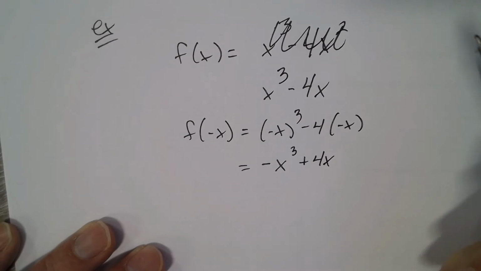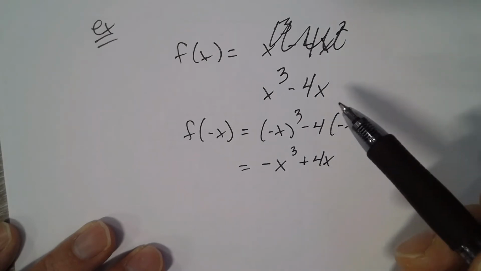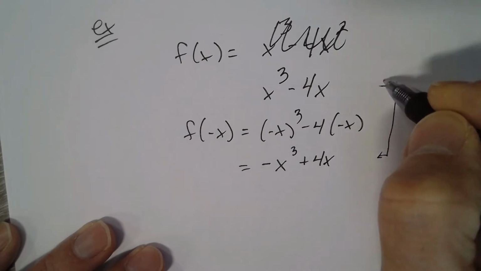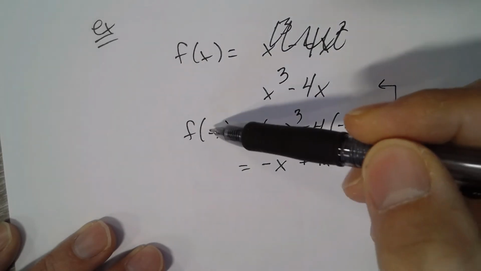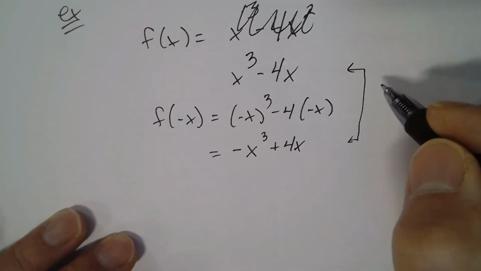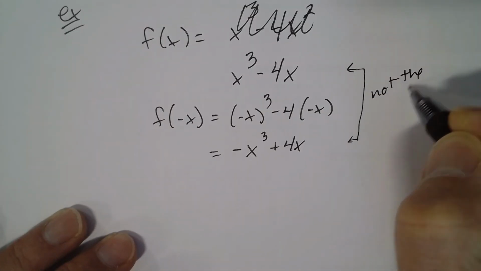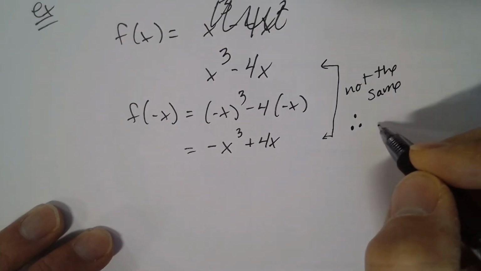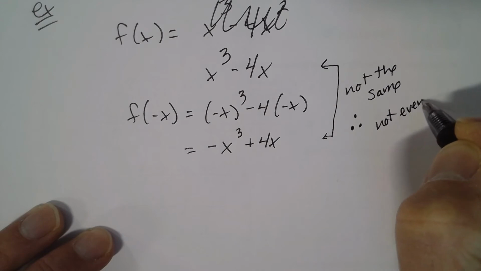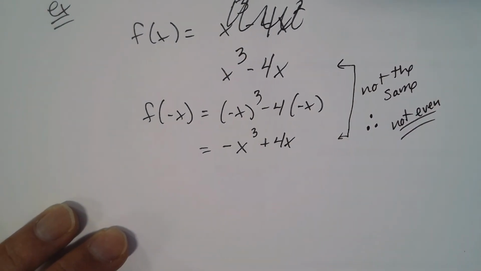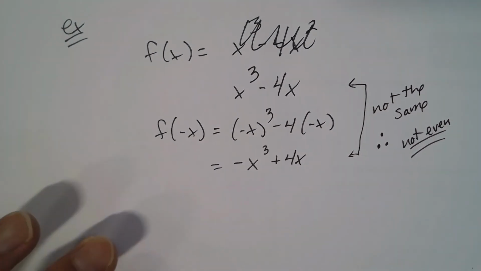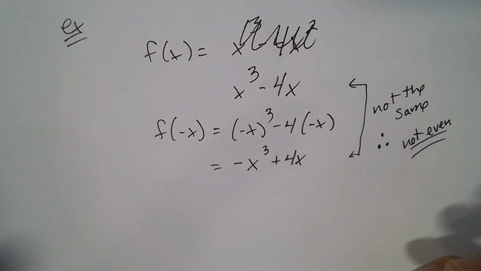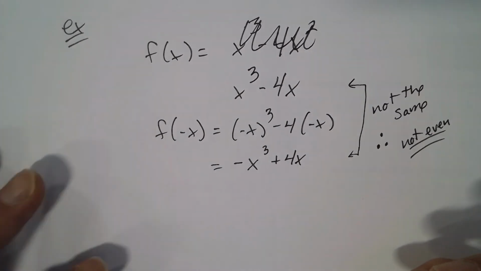We could check to see if it's an even function, but since f of x and f of negative x are not the same, therefore, the three dots mean therefore, it's not even. So far all we know is that it's not even. It's less work if it's an even function because you try f of negative x, and if they're the same, you're done. You can say that it's an even function.